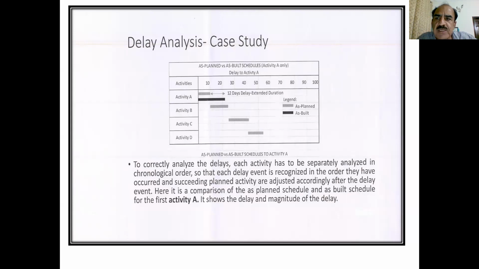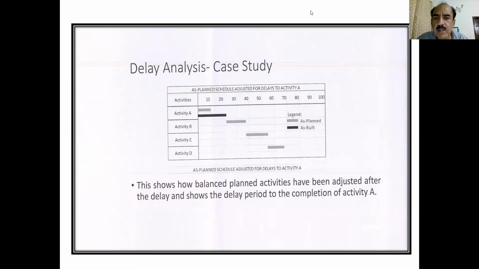And this is the duration. Now look at this, and similarly, this shows how the balance of planned activities have been adjusted after the delay. Since the first activity has been delayed by 12 days, we try to balance.